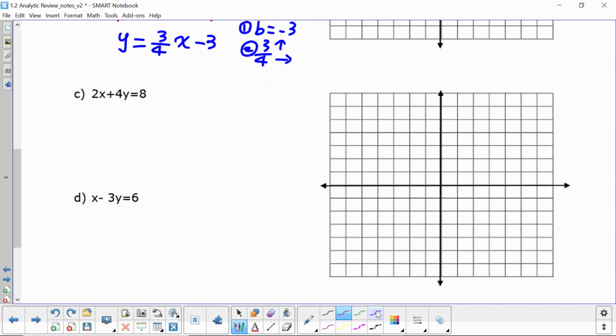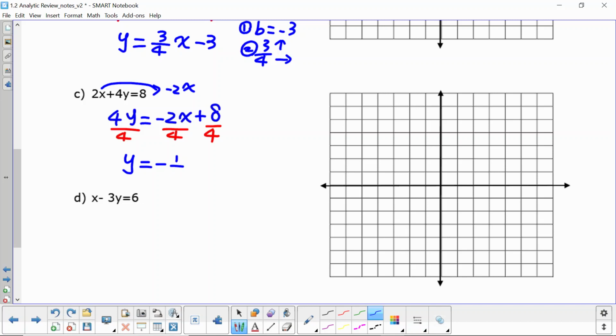Then we continue to do these 2 questions. Move the 2x to the other side. So you have 4y equals negative 2x plus 8. Then divide each term by 4 because we want to have y equals mx plus b. So 2 over 4 is 1 over 2. If you keep 2 over 4, it is right too.